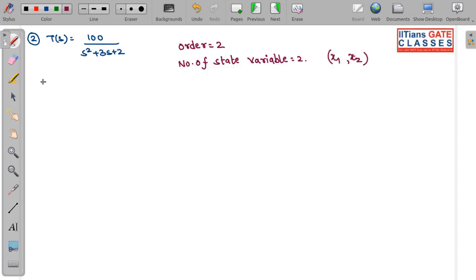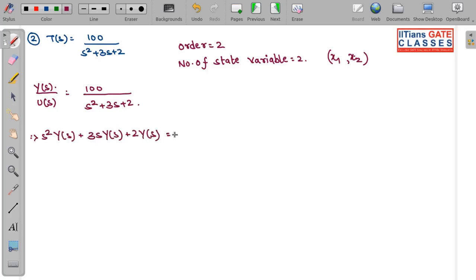So now again let us write the transfer function Y(s) by U(s). This will be 100 divided by s square plus 3s plus 2. If you cross multiply, this will be s square Y(s) plus 3s Y(s) plus 2Y(s) is equal to 100 U(s).